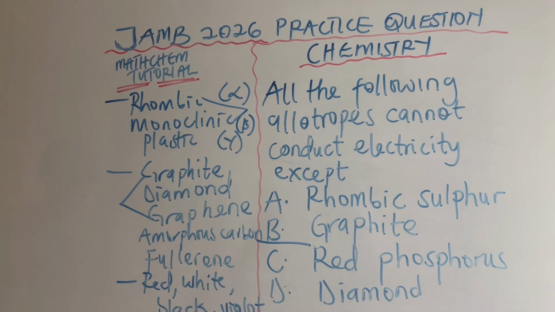Which one can conduct electricity in phosphorus? Black phosphorus can conduct electricity. Meanwhile, phosphorus itself is also a non-metal.